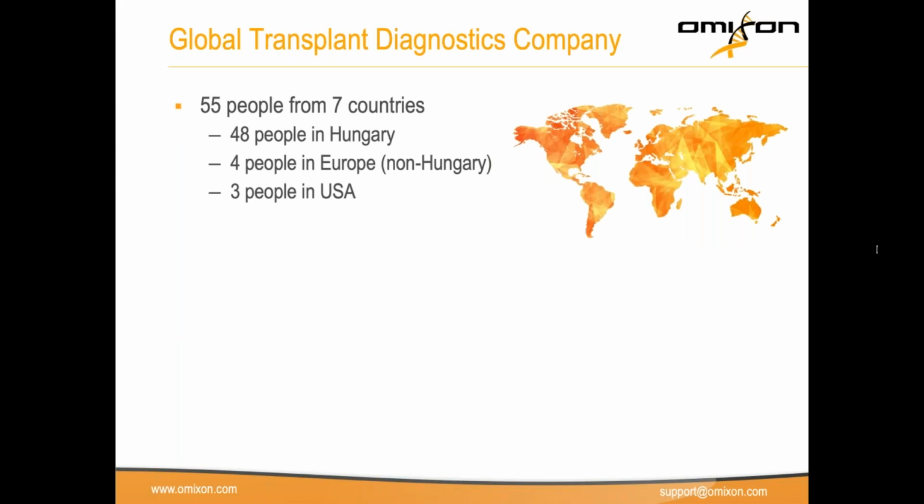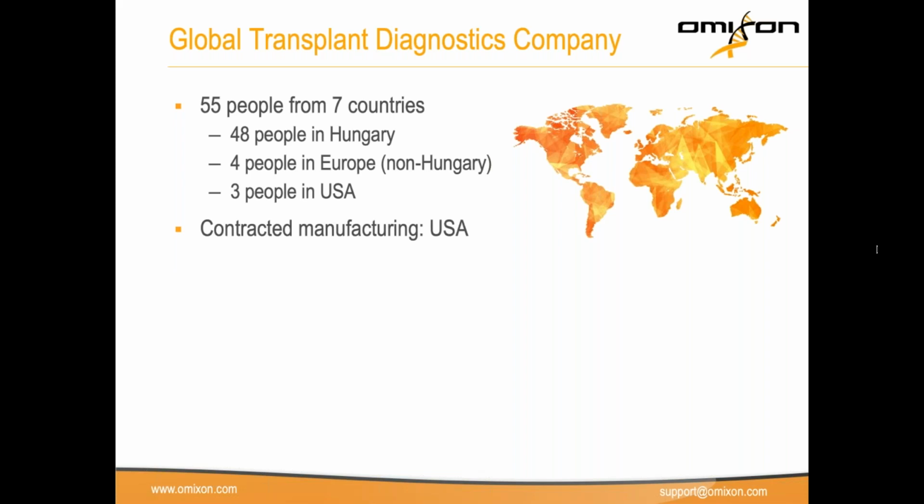So exactly because we have had a couple of team updates and changes, I figured we should probably count up again how many people we are. We're 55 people from 7 countries. 48 people in Hungary, 4 people in Europe outside of Hungary, and 3 people in the USA currently.